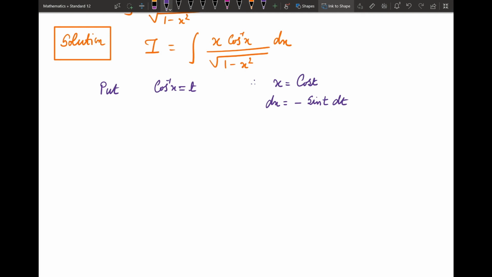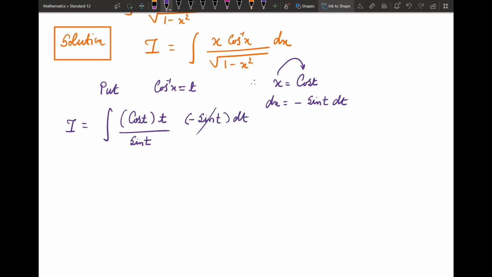So using this, integration I takes the form x, that is cos t, cos inverse x, that is t, upon 1 minus x square, 1 minus cos square t, so under root, square root is sin t, dx is minus sin t dt.